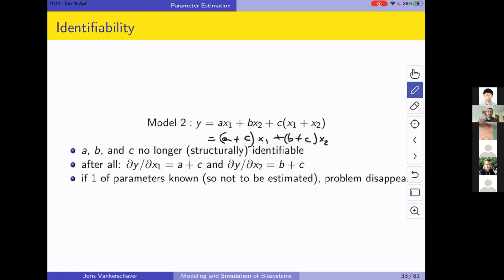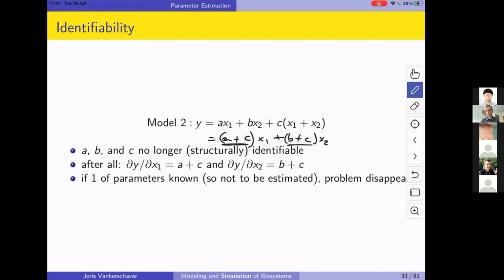Even if you have perfect data for x1, x2, and y, so data that's all over the space of admissible values, what you can determine is the combination A plus C and the combination B plus C, but you can't use that to pull apart those combinations and figure out A, B, and C independently.